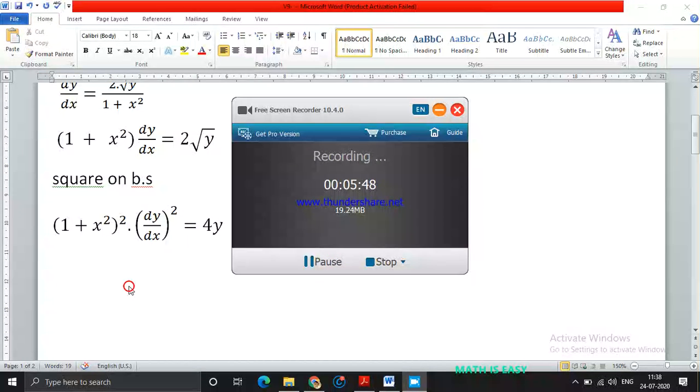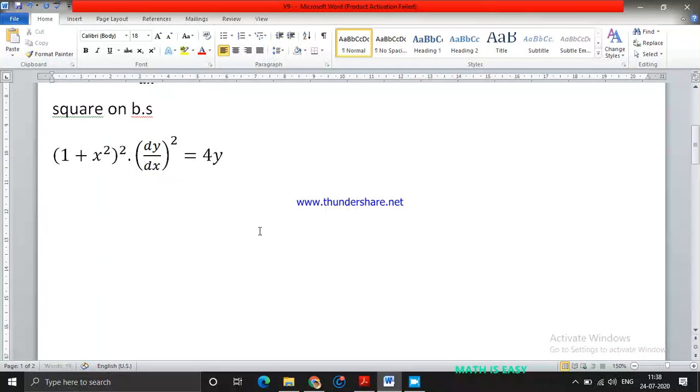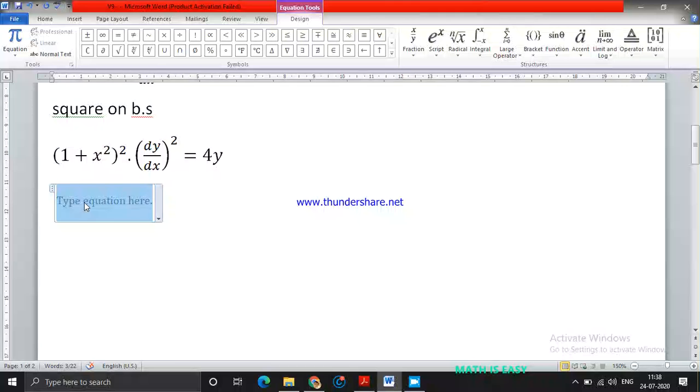Now what will come? Now again I have to do differentiation on both sides with respect to x. So to do the differentiation on both the sides with respect to x, I'll take this term (1 plus x square) whole square as u, and (dy by dx) whole square as v. So I have to apply uv formula. So according to the uv formula, first you will get u into derivative of v, derivative of this one. This is theta square.